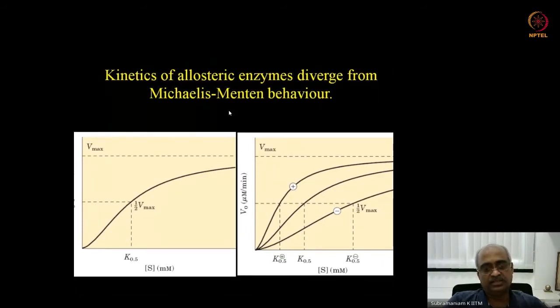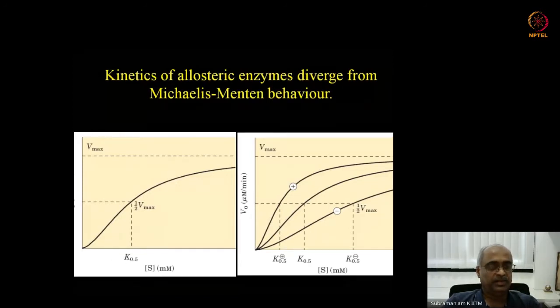As a result, the initial substrate binding leads to a significant increase in the rate of the reaction, because the binding to the other subunits is increased by this. And as a result, you get this sigmoidal shaped graph.